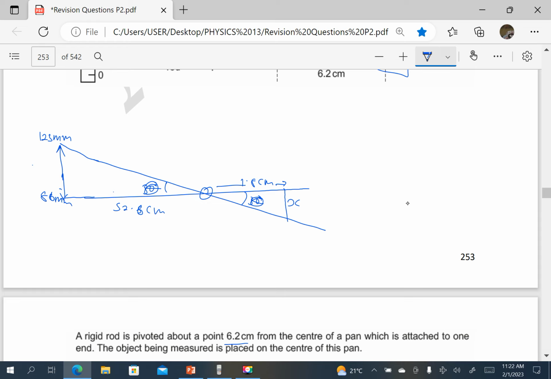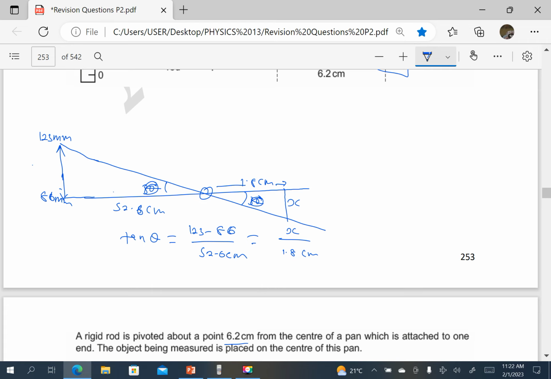So I could use tan theta is equal to the opposite, which is 123 minus 86, divided by adjacent, which is 52.6. This is going to be the same as tan on the right hand side, opposite will be x, and adjacent will be 1.8 centimeters. That will be able to give us x.